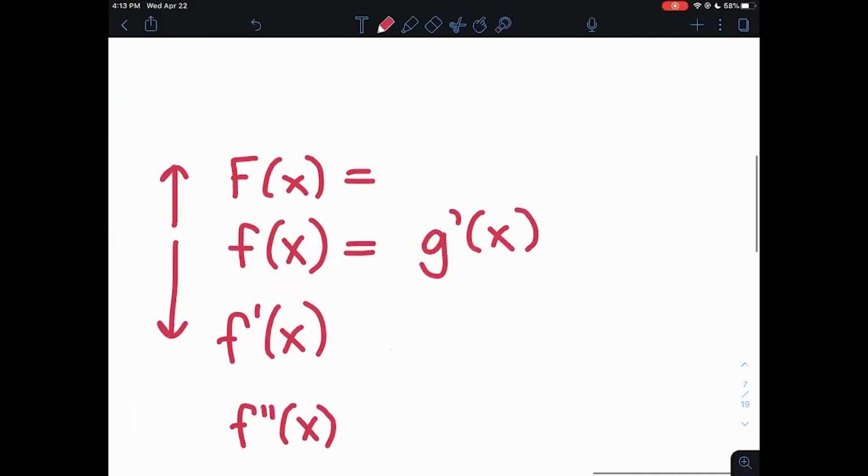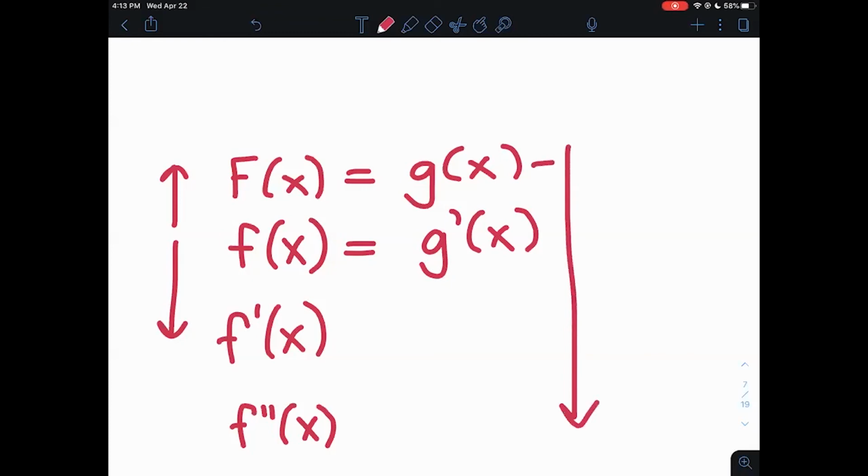So there's another equality statement right there. The integral of f of x is equal to g of x. I can also just step through my function chain over here. Start with g of x, differentiate it again, differentiate it again, and just keep going.